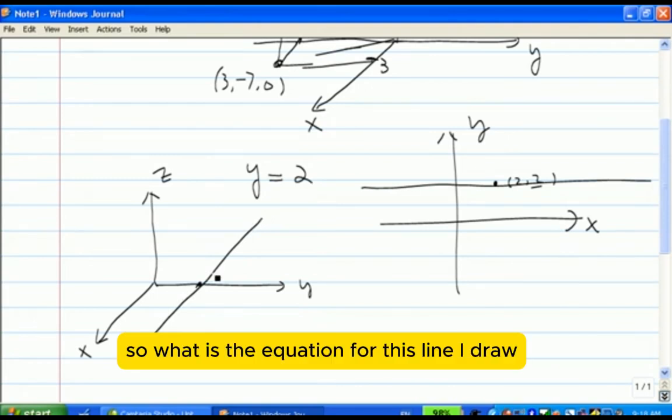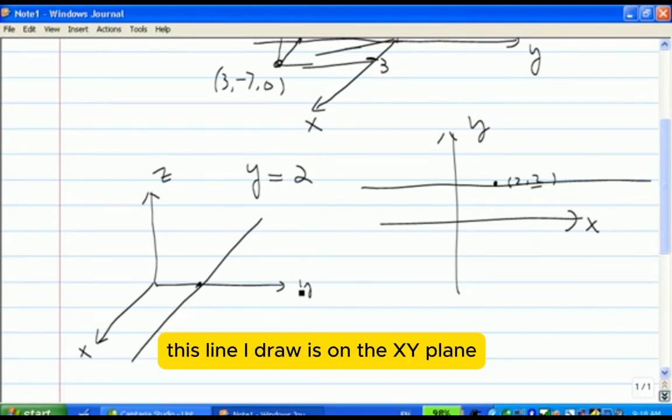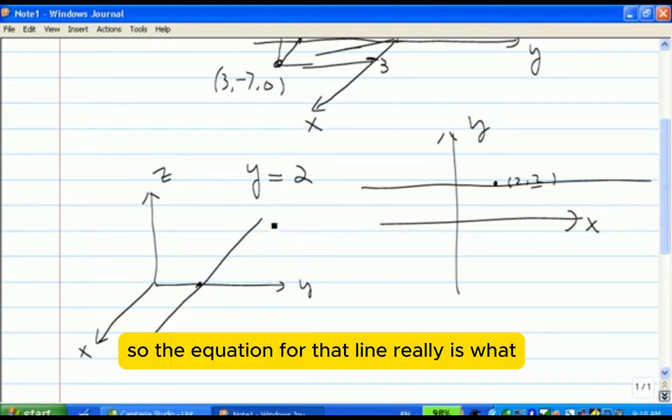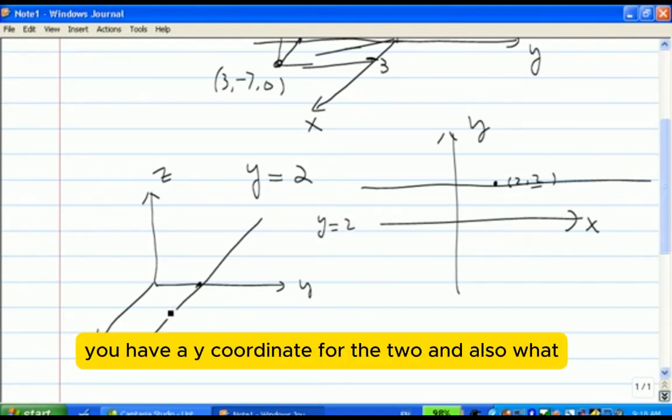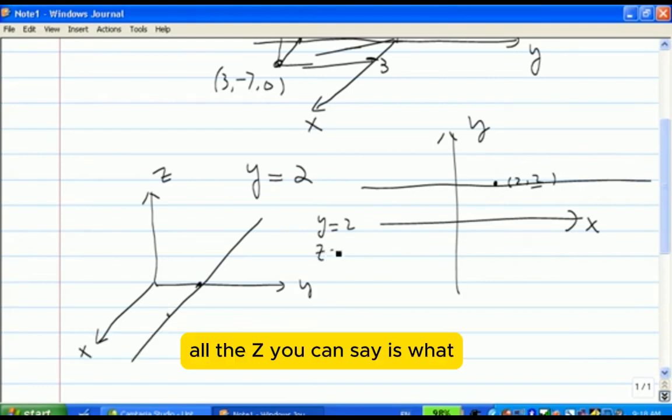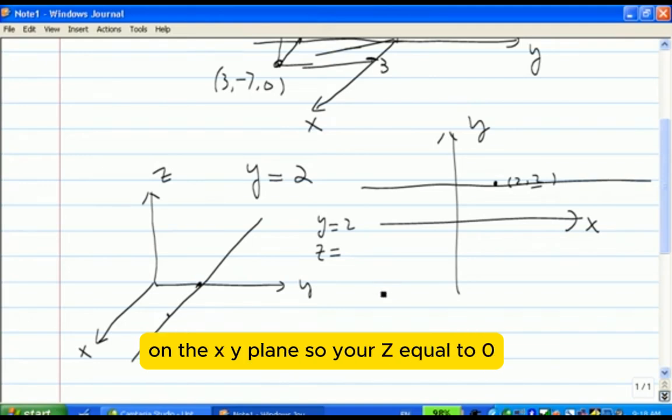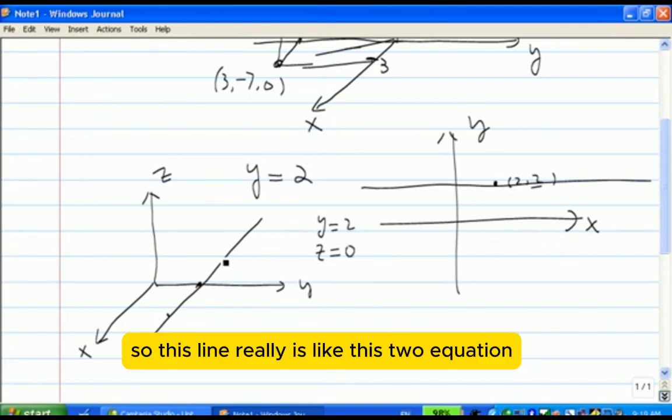So what is the equation for this line? The line I drew is on the xy plane. So the equation for that line really is what? y is 2, right? Because every point has a y coordinate equal to 2. And also, all the z you can say is what? On the xy plane, so z equals 0. So this line really is given by these two equations.